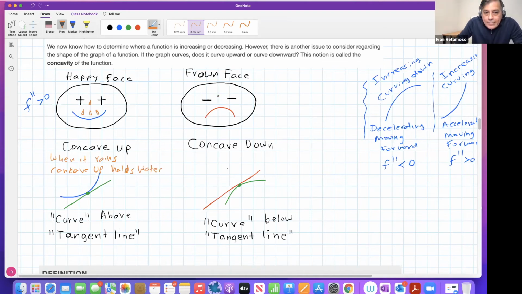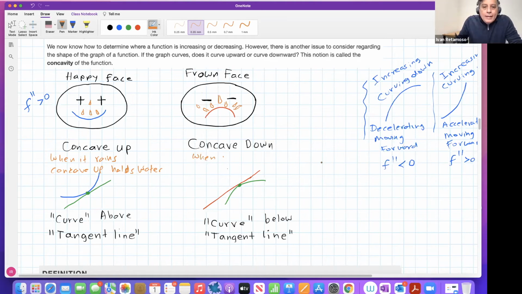When it rains, concave down spills the water. The water is not going to be contained, it will spill. So this is another way to differentiate concave up from concave down.